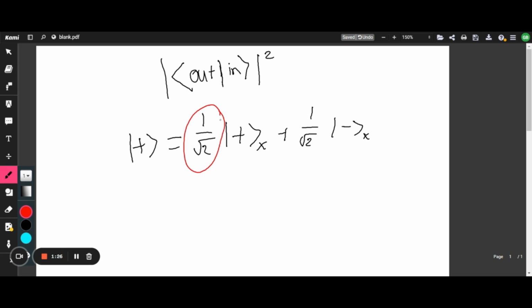Well, as I told you in the previous videos, the coefficients squared when added together must equal 1. So if you take the square of 1 over square root of 2, we get 1/2. And since they're the same, this value will be the same for both of them. And 1/2 plus 1/2 equals 1. So that condition is met.